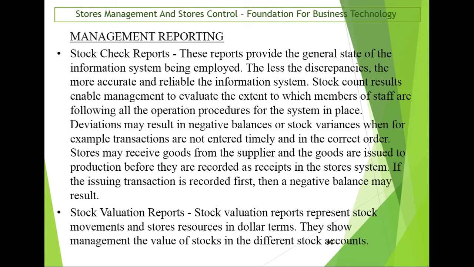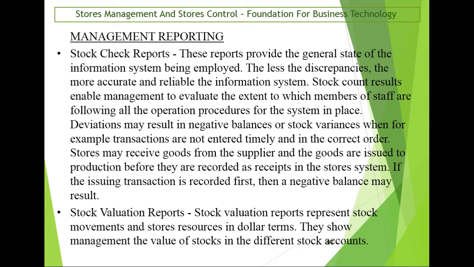Deviations may result in negative balances or stock variances when, for example, transactions are not entered timely and in the correct order. Stores may receive goods from suppliers and the goods are issued to production before they are recorded as receipts in the store system. If the issuing transaction is recorded first, then a negative balance may result.